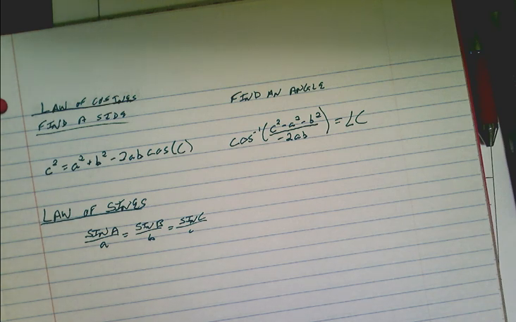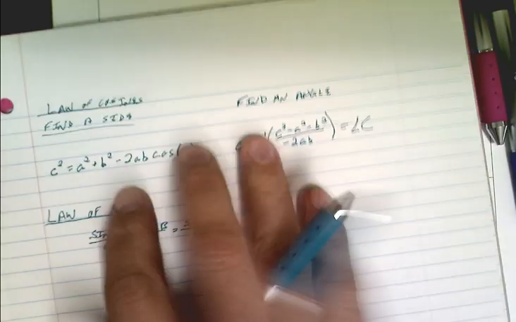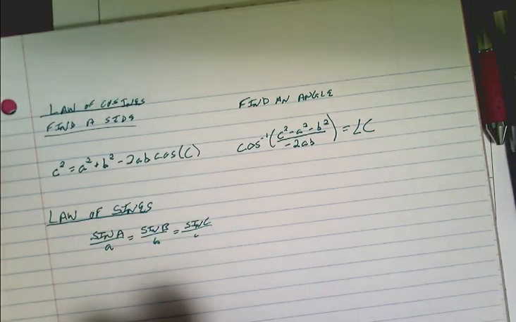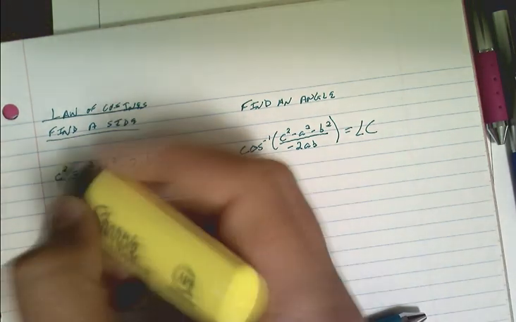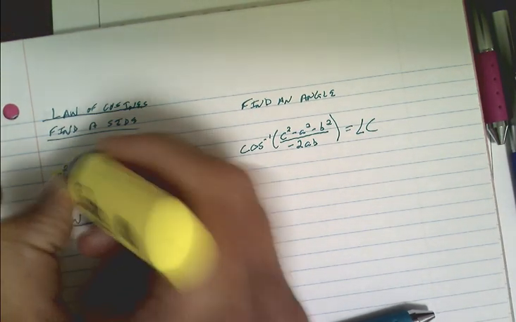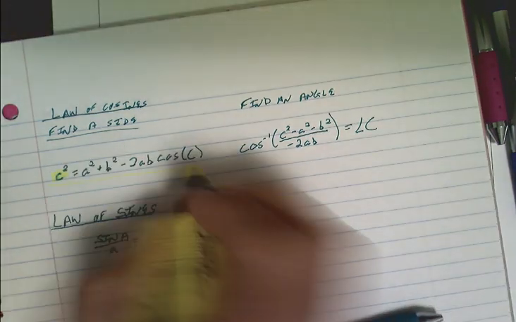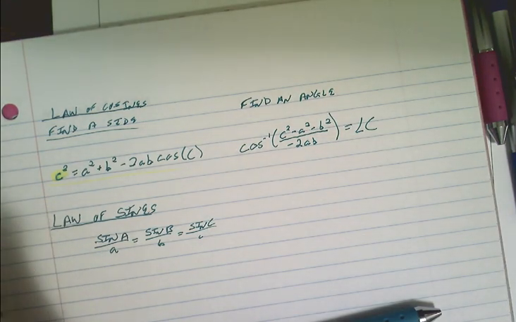So the first thing we want to start off with is making sure we have the formulas we need. We got law of cosines up here. If we're looking to find a side, like c squared, we're going to use this version of it.